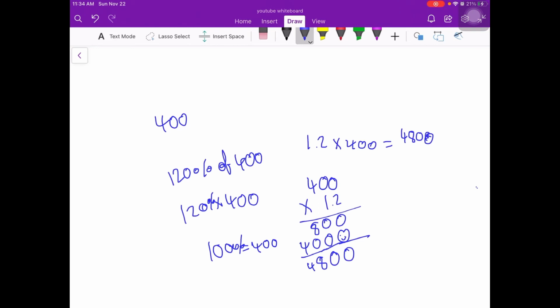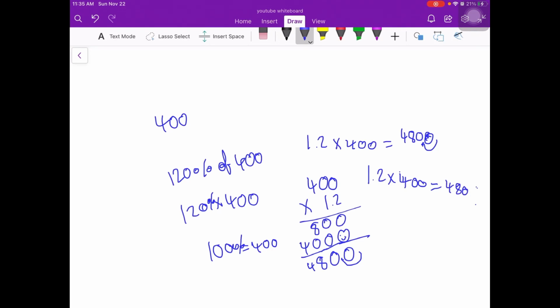Now we have to move one decimal place, so we would have 480. So 1.2 times 400 is 480 students. We have 480 students this year.